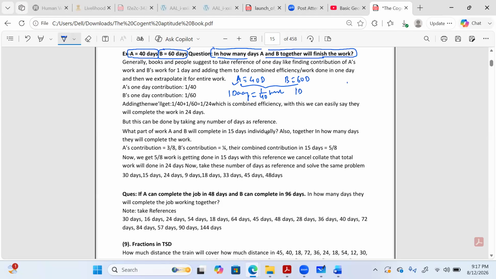And in one day, B will be able to do 1 by 60 work. So together, A and B, how much work will they be able to do? 1 by 40 plus 1 by 60.